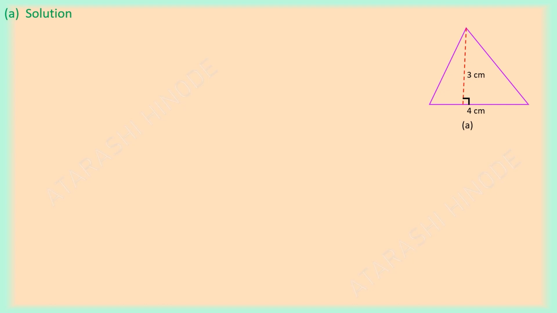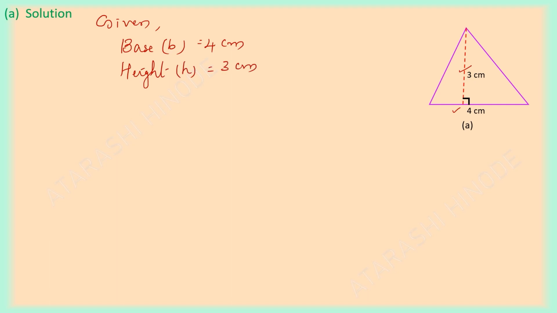In this triangle you can see here this is the base and this is the altitude or height. So let us write base equal to 4 centimeter, height equal to 3 centimeter.